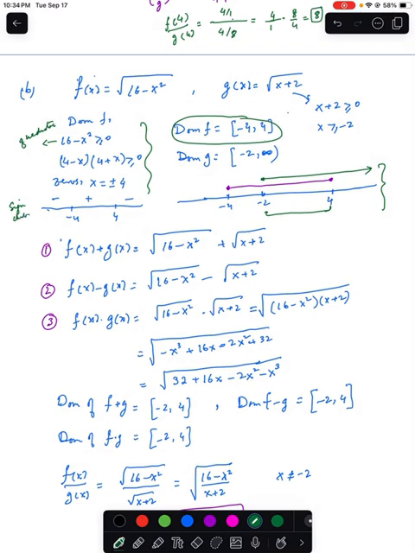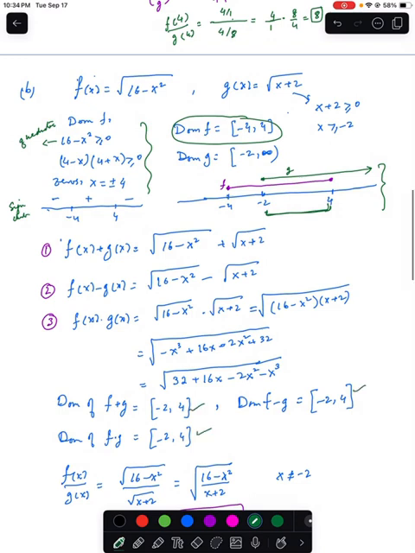So I see that the domain is -4 to 4, including -4 and 4. So here we have the purple one showing the domain of f, and the green is the domain of g. So when we overlap them, the common portion is from -2 to 4. So that is the domain for each of these three functions.